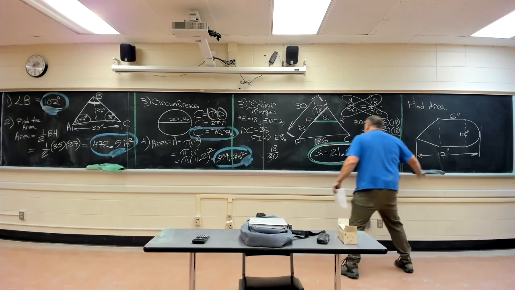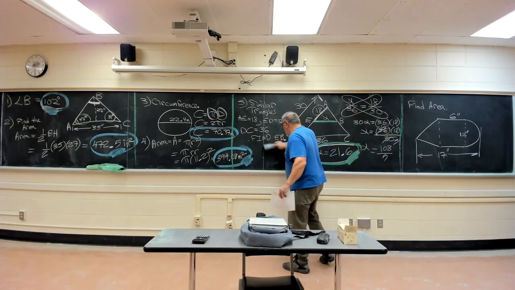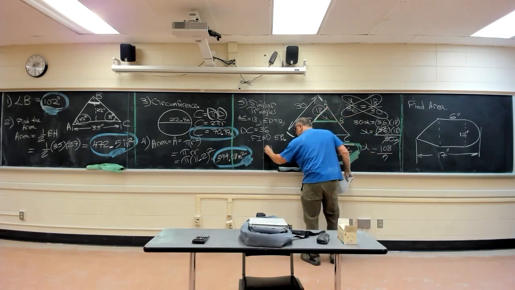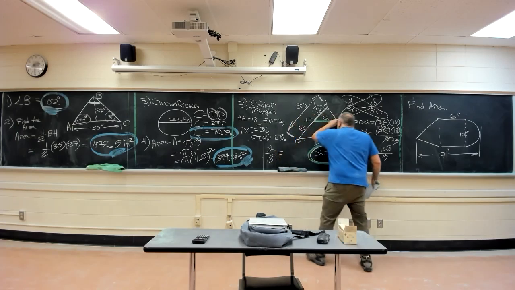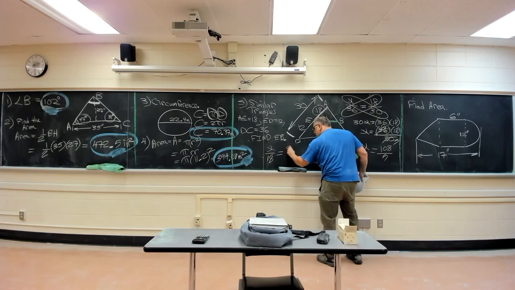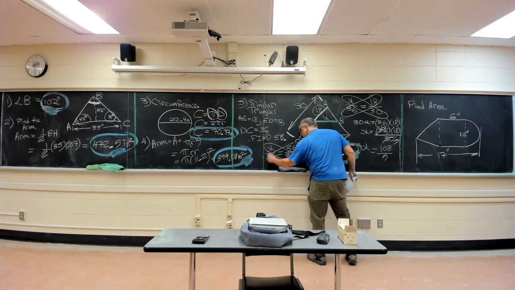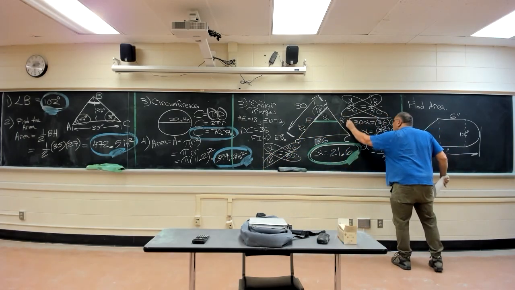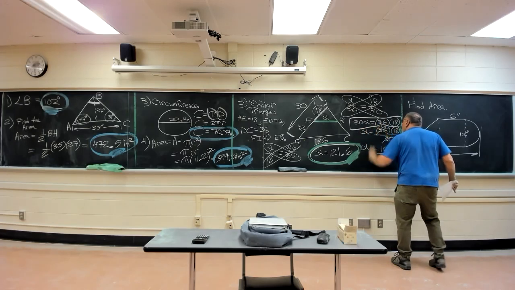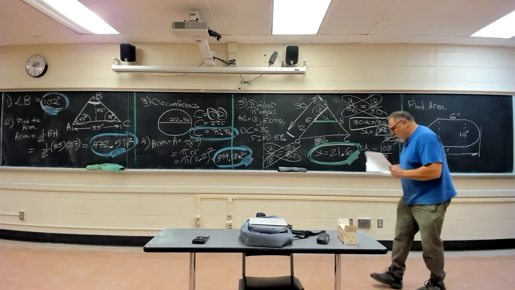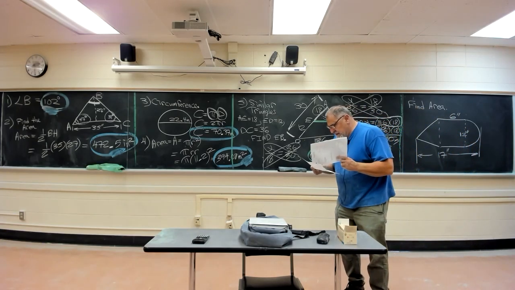We could have said this x over 18 corresponds to the 36 over 30. The crazy thing is, if you do cross multiplication, you're back to the same thing. You're solving the same thing. So number 5 should be 21.6, and it is.